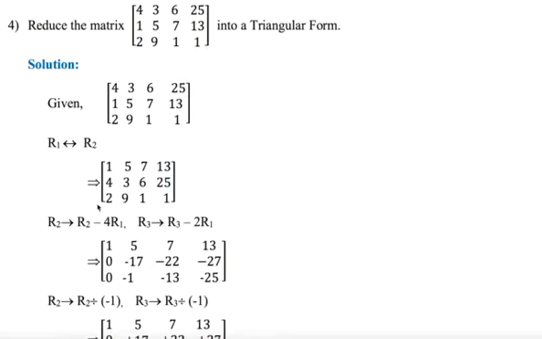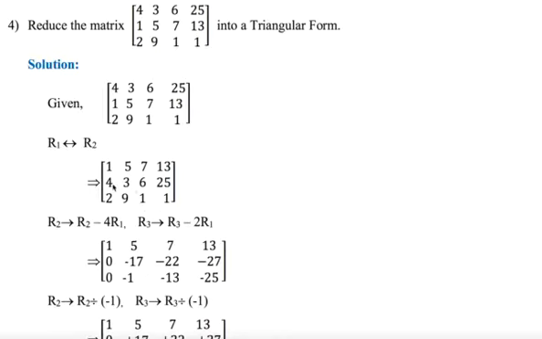R2 minus 4R1, R3 minus 2R1, like that. So 1, 5, 7, 13. What about this? 2 minus 2 is 0, 9 minus 10 is minus 1, 1 minus 14 is minus 13, 1 minus 26 is minus 25.